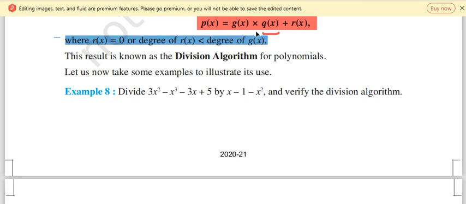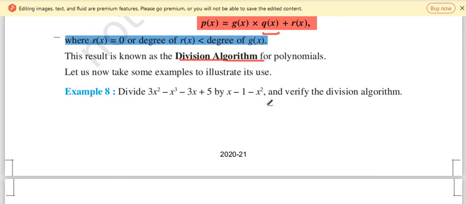Means the degree of divisor is greater than the degree of remainder, or the degree of remainder is less than the degree of divisor. This is known as the division algorithm.